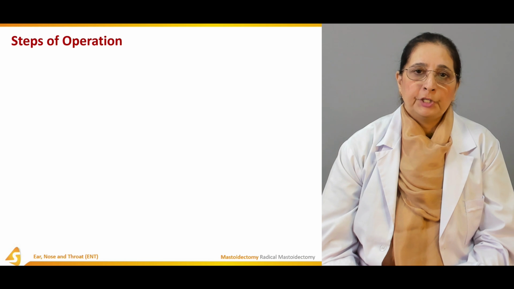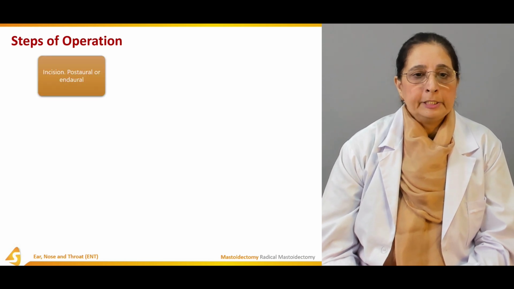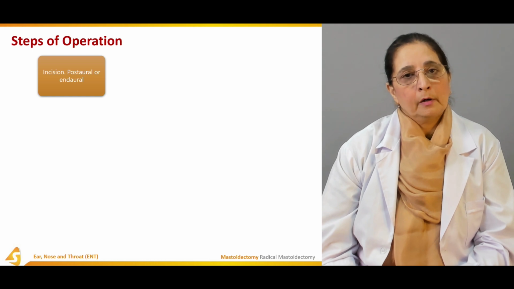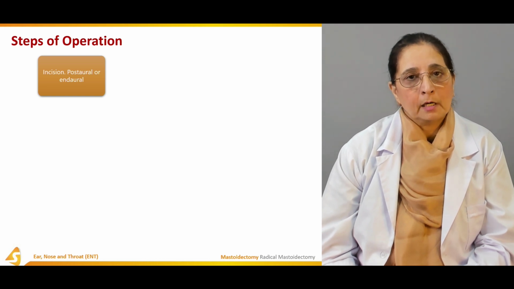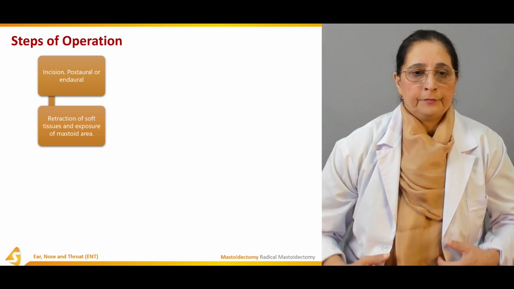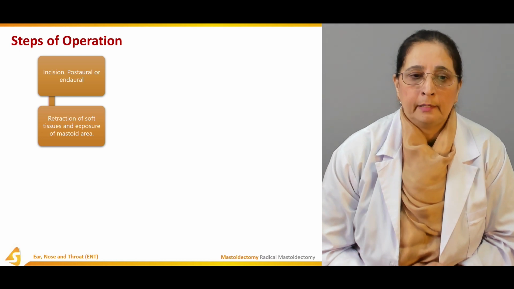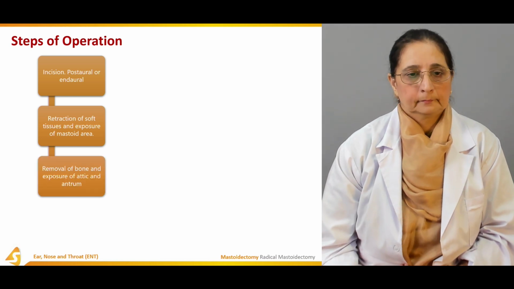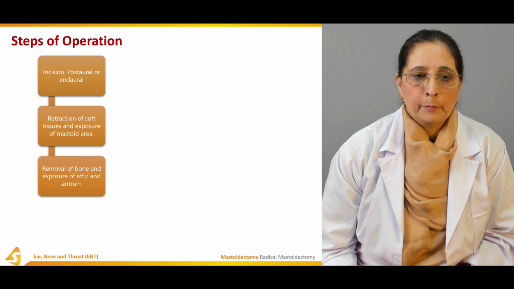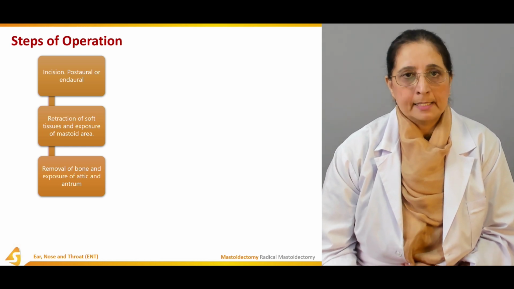Steps of operation for radical mastoidectomy. Incision, postaural or endaural incisions are used. Retraction of soft tissues and exposure of mastoid area. Removal of bone and exposure of attic and antrum.